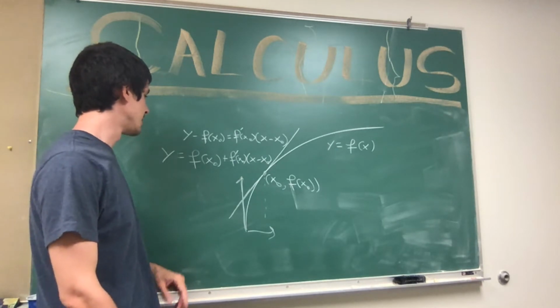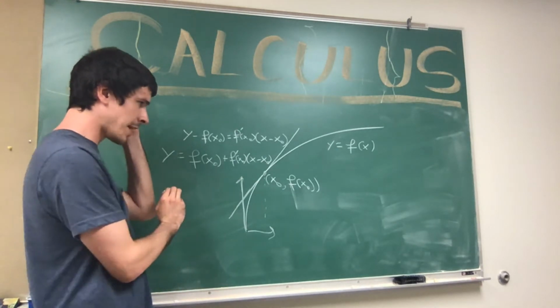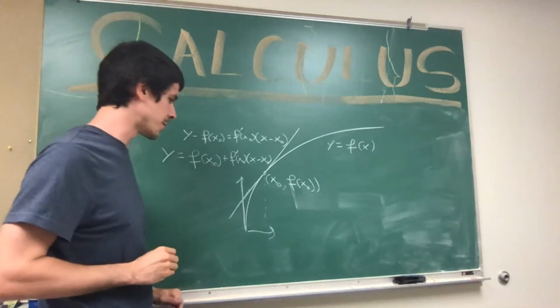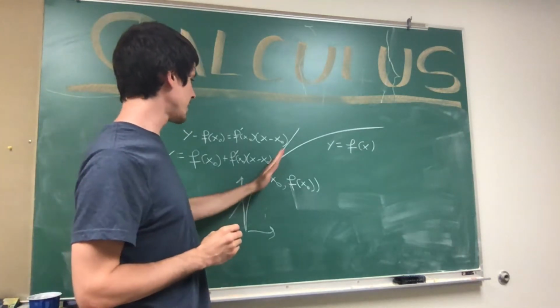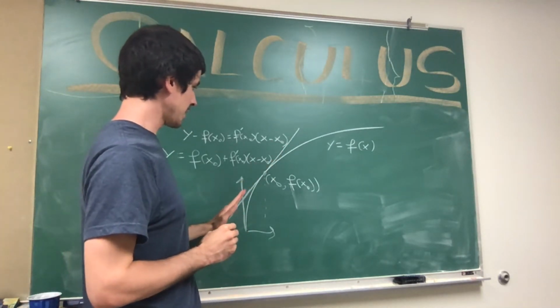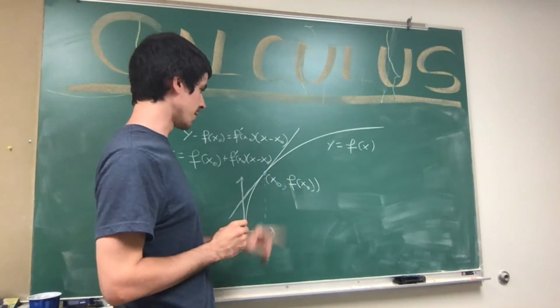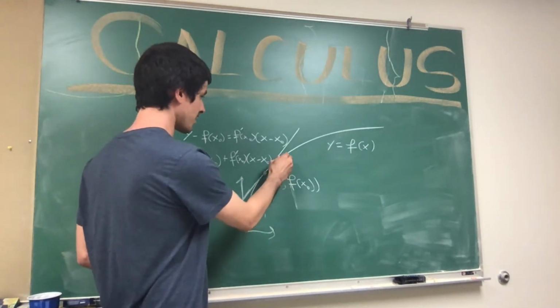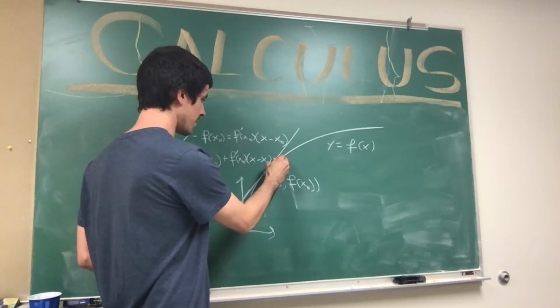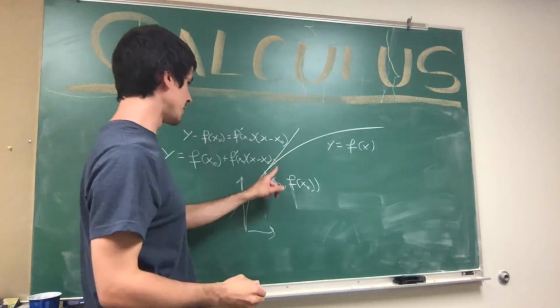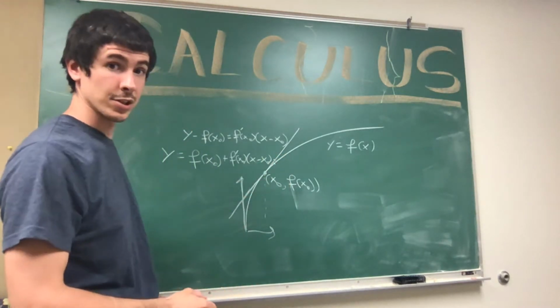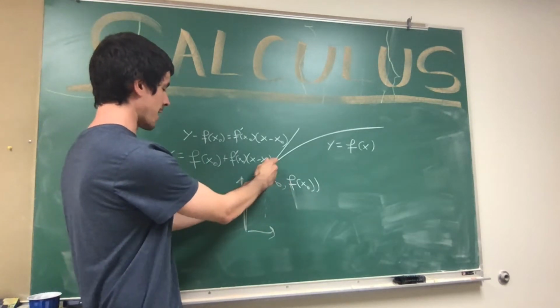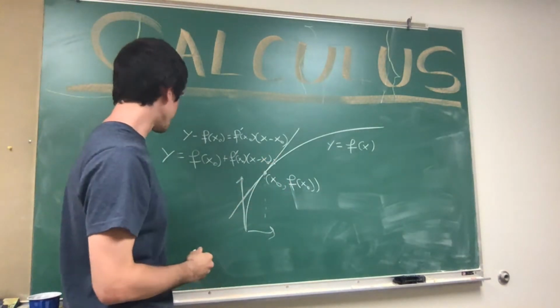And so the idea with linear approximation is that the tangent line is approximately equal to the function. So if x is close enough to x0, then the tangent line is approximately equal to the function. And the closer it gets, in fact, the better of an approximation it is.